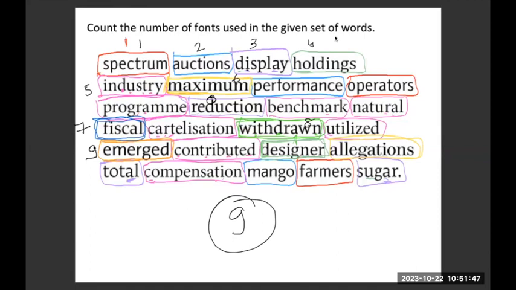Okay, so this is the combination that I can find, where the same font family is spectrum, operators, farmers. Then auction is different, auction, mango, and performance is different. Then comes display, reduction, total and sugar, they are different. One second, withdrawn and reduction.